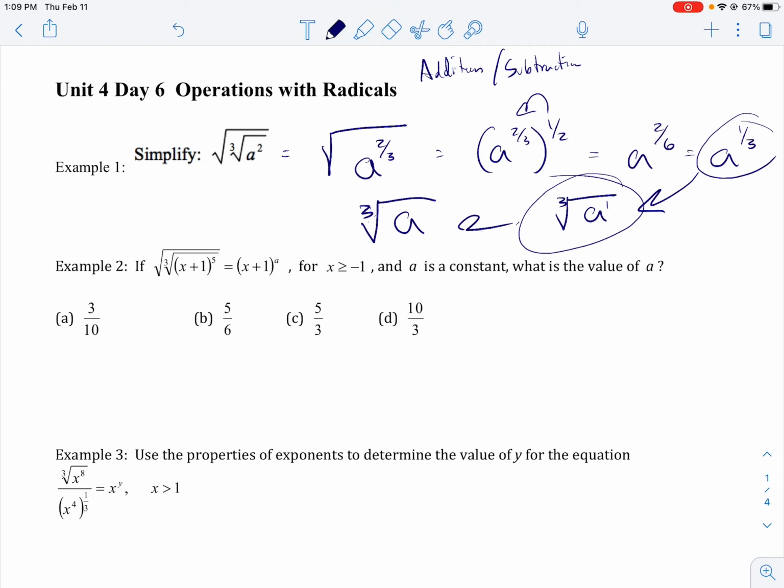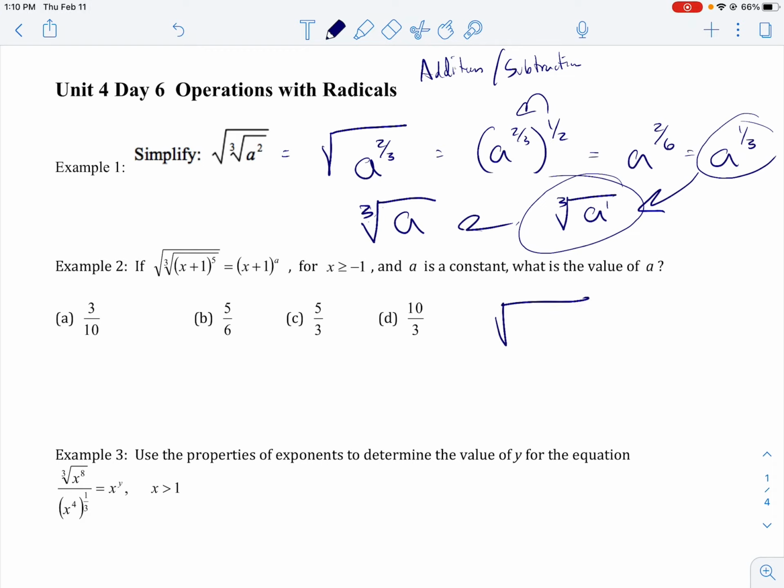So anyway, what do we got here? Well, it's telling us to set this up. So if this is equal to this, and a is constant, what is the value of a? Okay? So what it's asking for is to simplify like we did in number 1, and then whatever exponent we're left with, it'll be x plus 1 raised to some power, and that will be our answer. Okay? So let's start with the first piece, right?